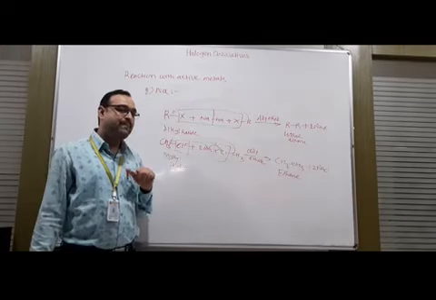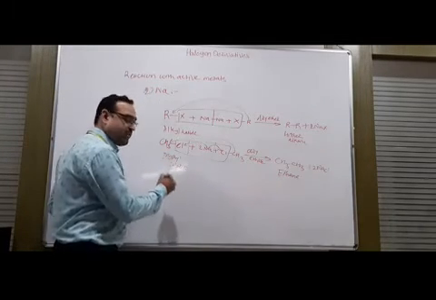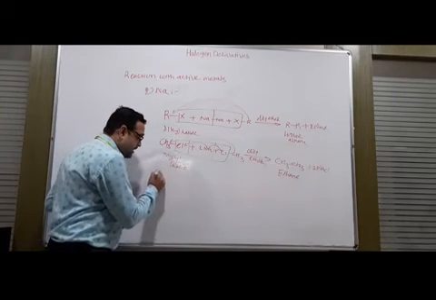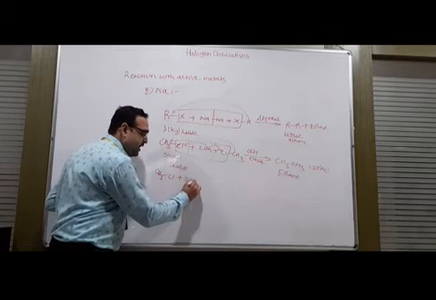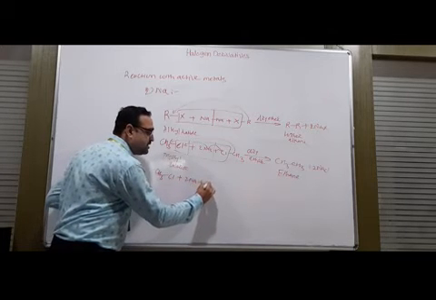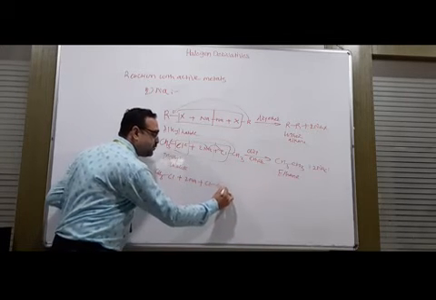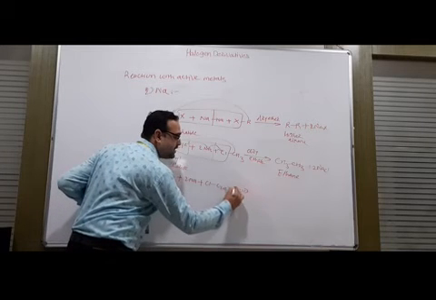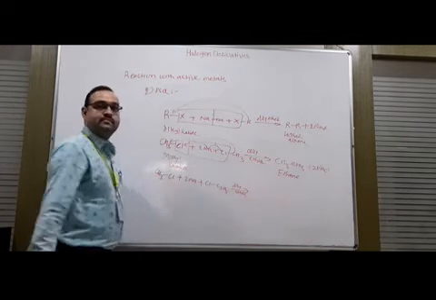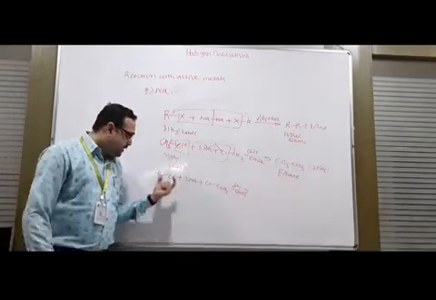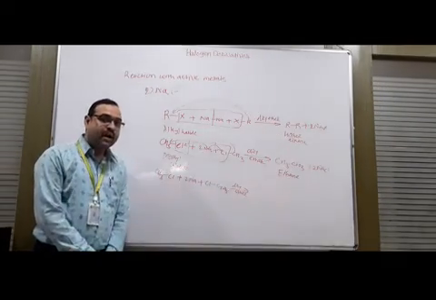Now what happens when CH3Cl plus twice Na reacts with ClC2H5? Here the two alkyl groups are different.